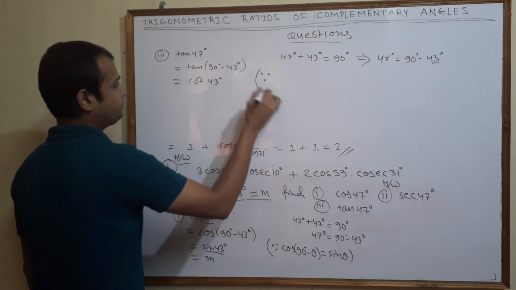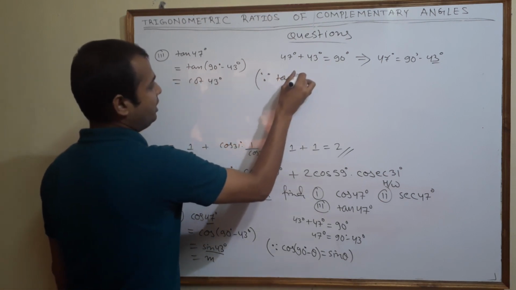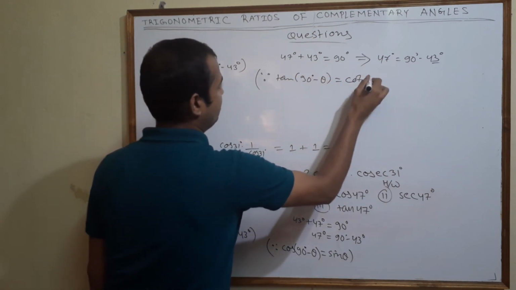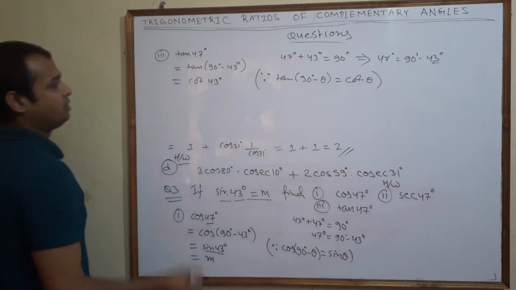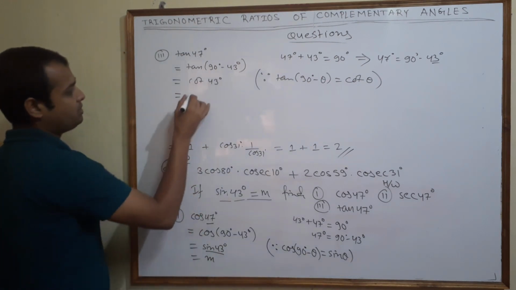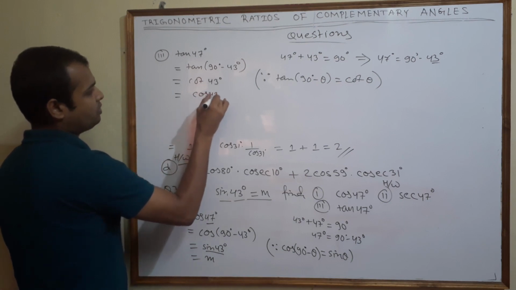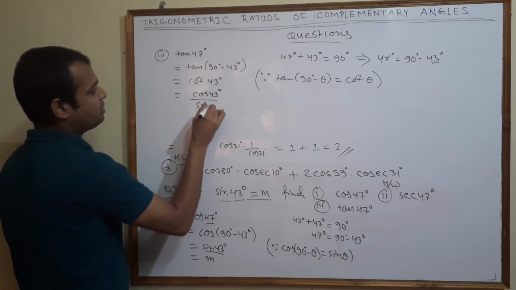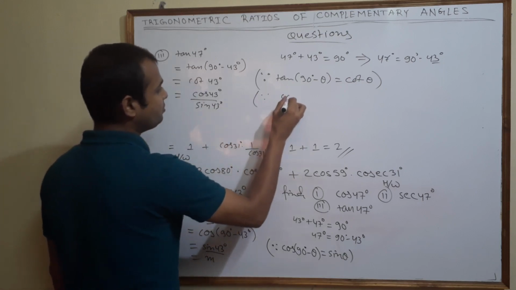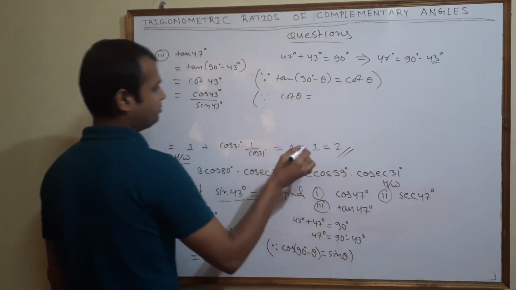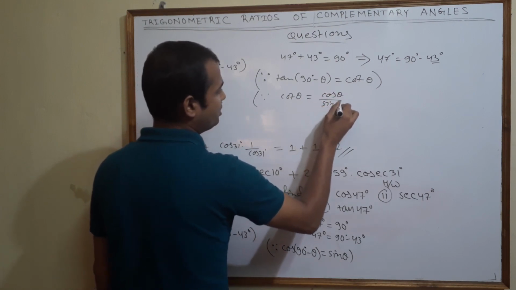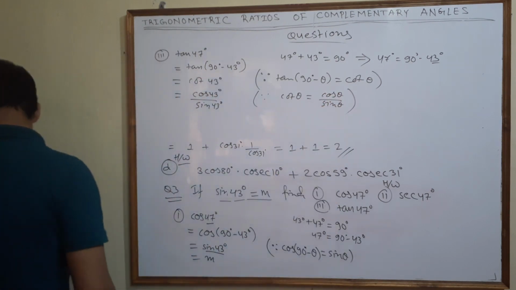Recall that tan of 90 degree minus theta is equal to cot theta. So cot 43 means cos 43 upon sine 43, since cot theta means cos theta upon sine theta.